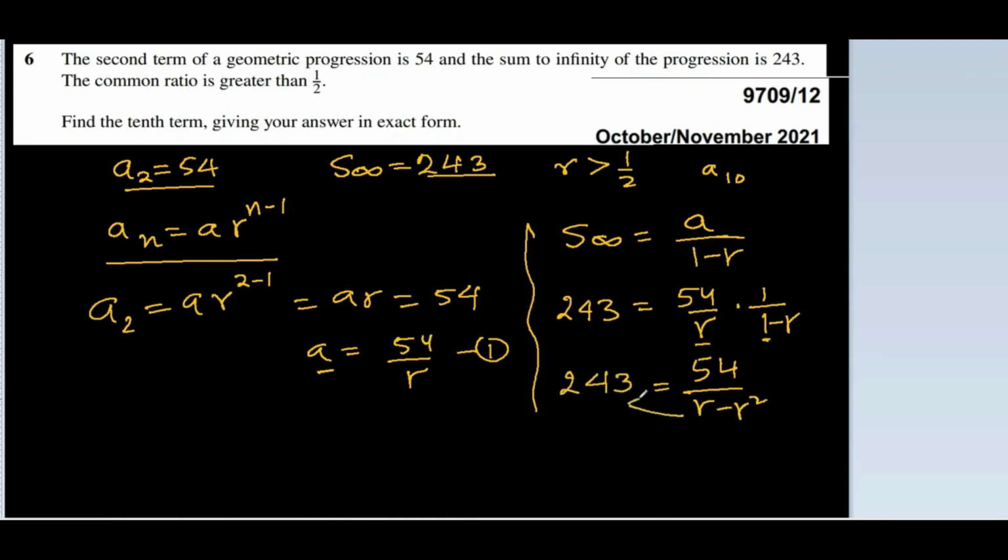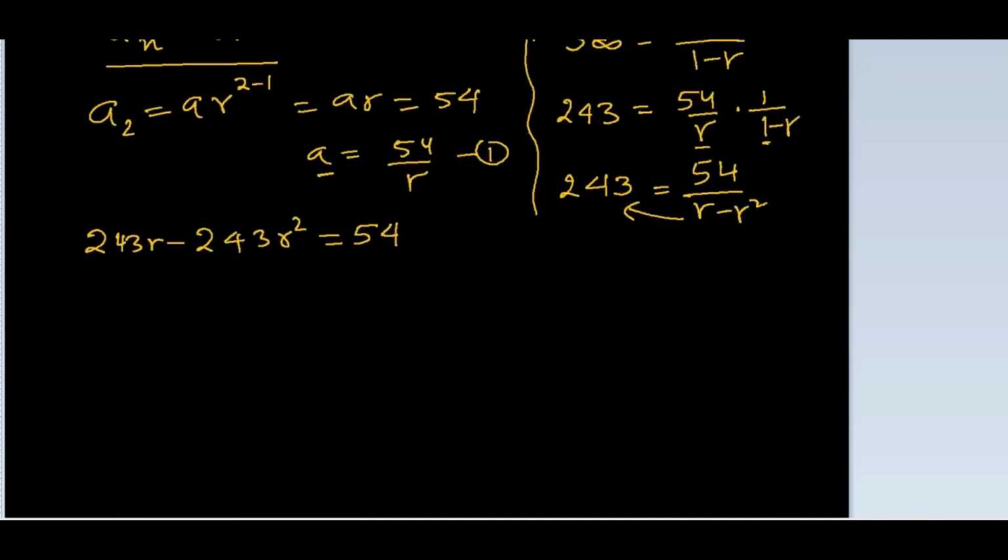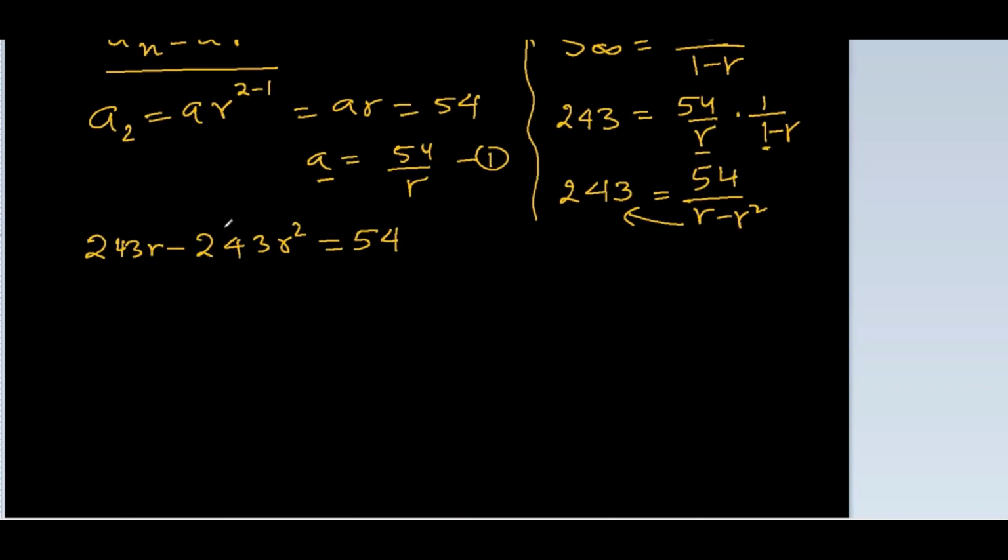And next we can do cross multiply. So 243 R minus 243 R square equal to 54. Okay, so now let's move everything to the right side so that this becomes positive.